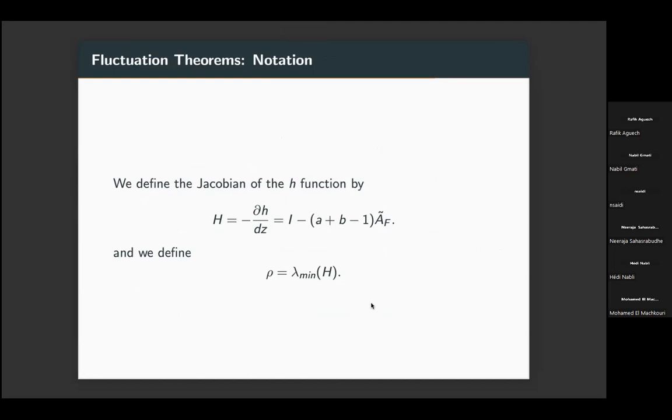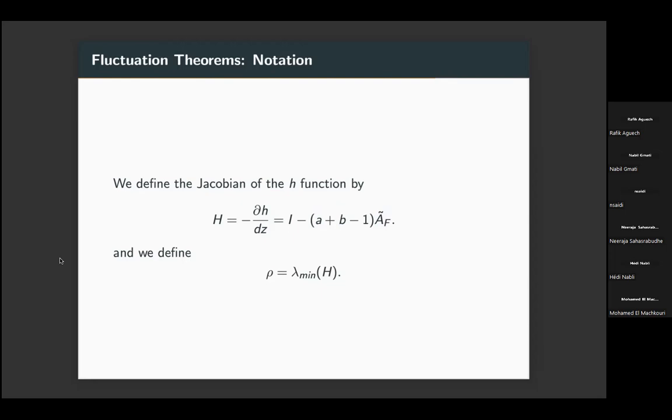Now, when we look at interacting urns on a graph, it seems that the limiting behavior depends on the spectral properties of a matrix which depends on the graph as well as the replacement matrix. These A and B are the elements coming from the reinforcement matrix. This A tilde F is the part coming from the adjacency matrix of the graph. So the limiting properties of this system depend on the spectral properties of a matrix which depends on both.